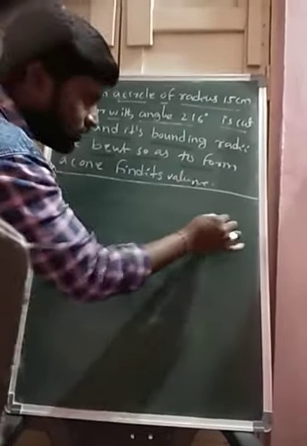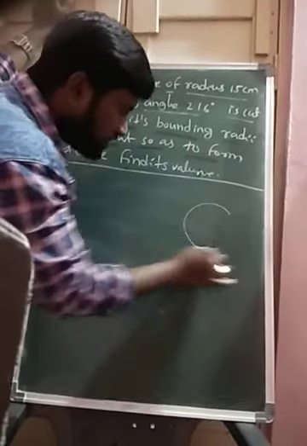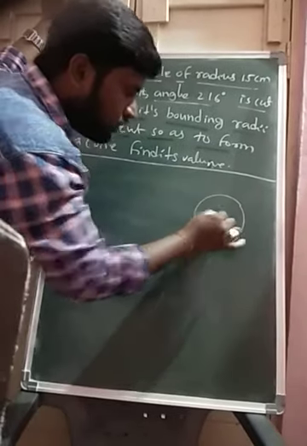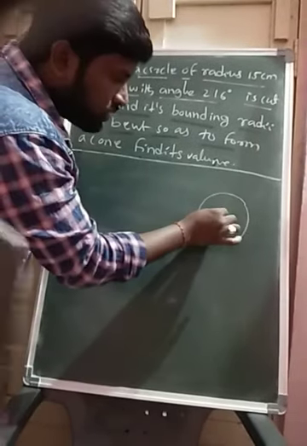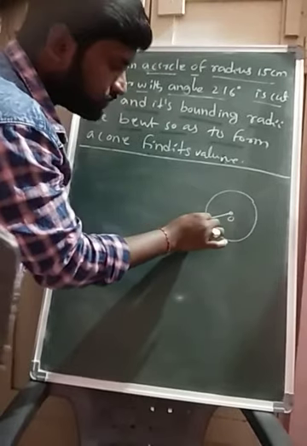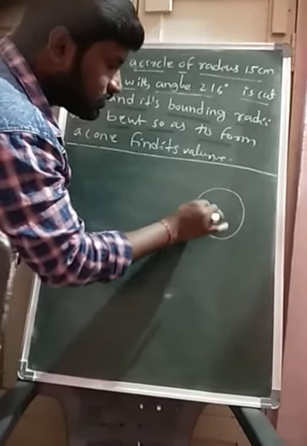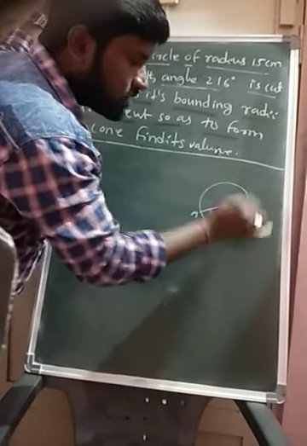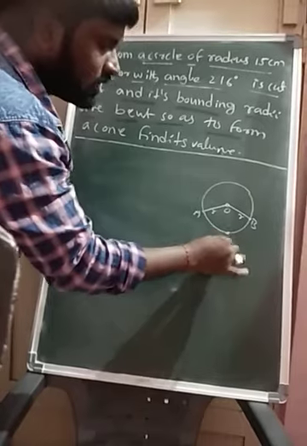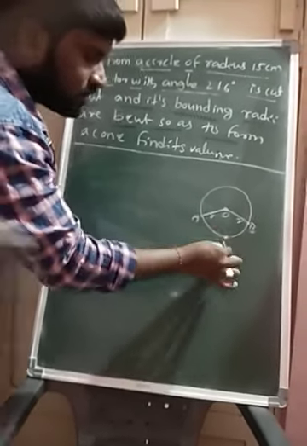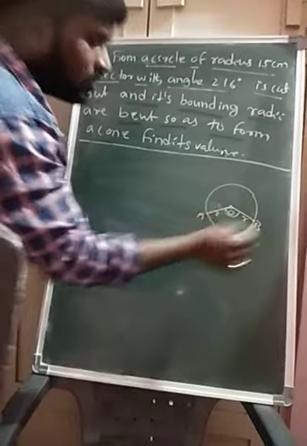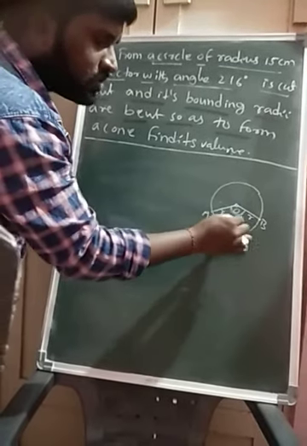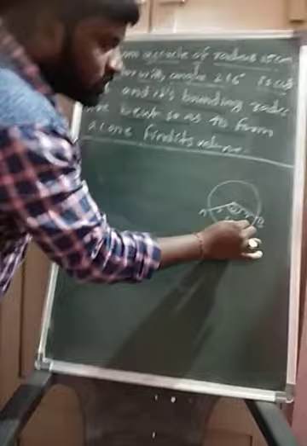For example, I'm drawing a circle like this, with center O. From the center to any point on the circle, this is the radius, and again this is also a radius. Clearly OAYB is a sector. A sector with angle 216 degrees.